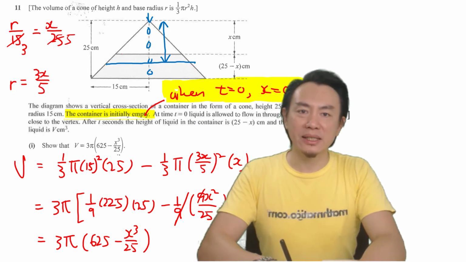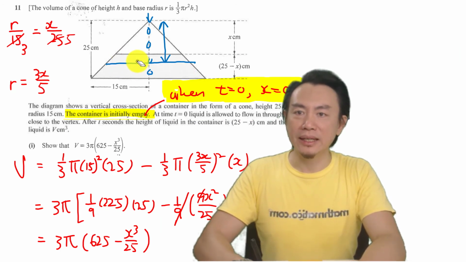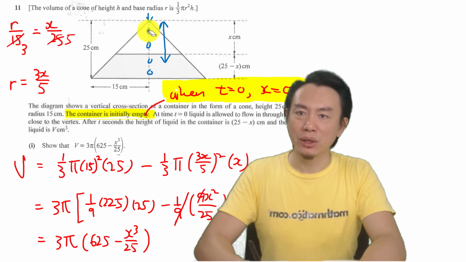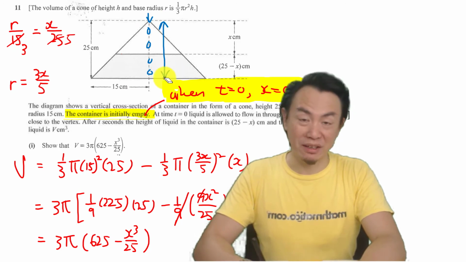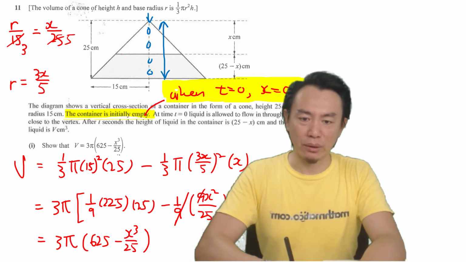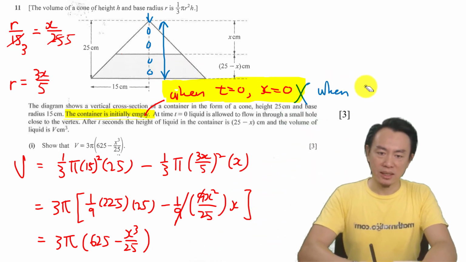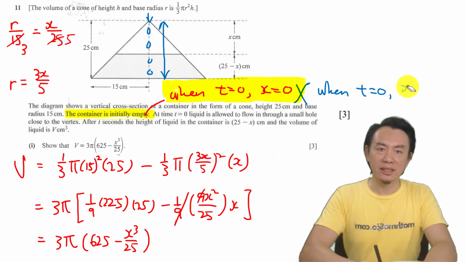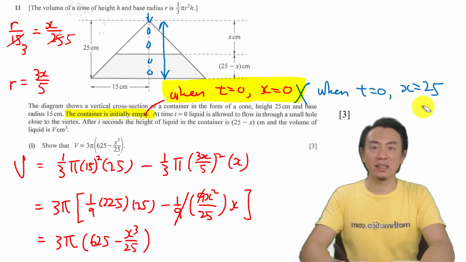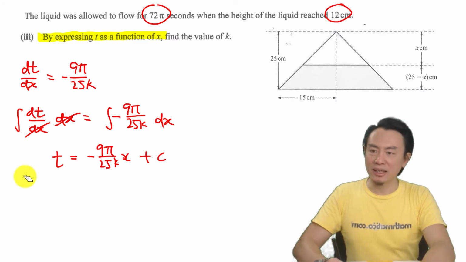So to correct this, initially, that means time equals 0, we have no water there. So the height of the empty space is in fact 25 cm. So the correction should be: when t equals 0, x equals 25. That's the correct version. So let's apply it here.